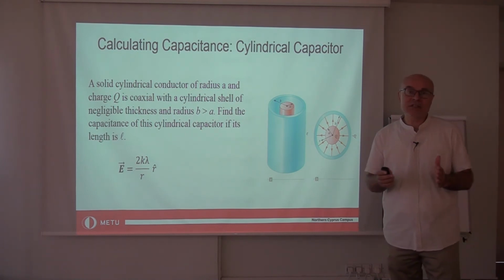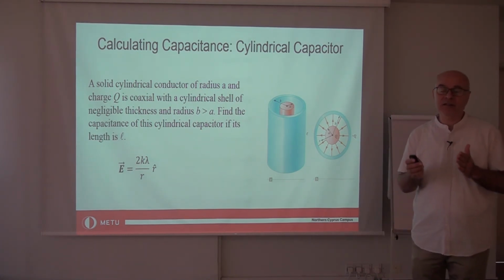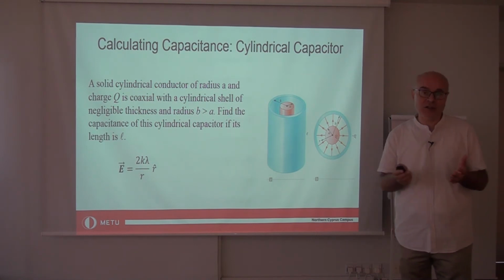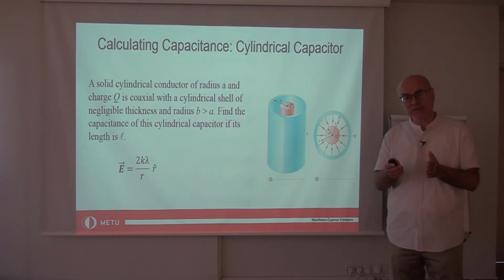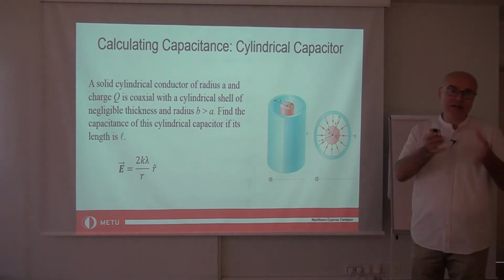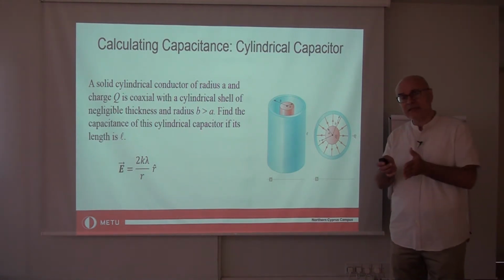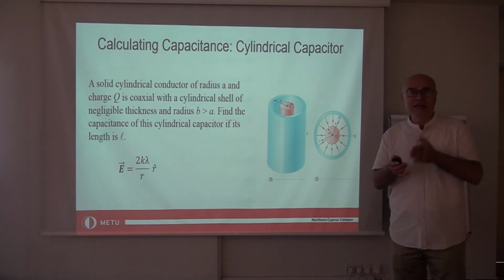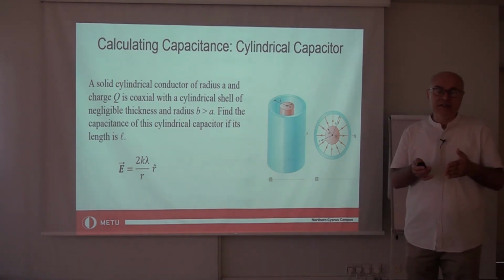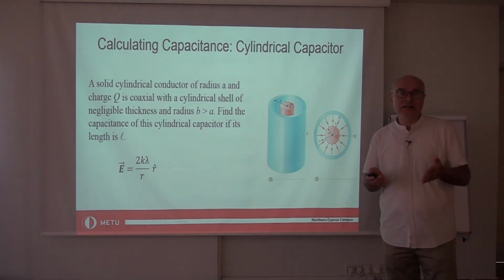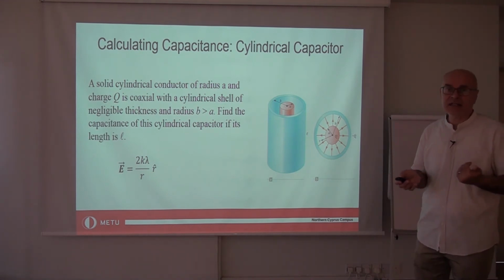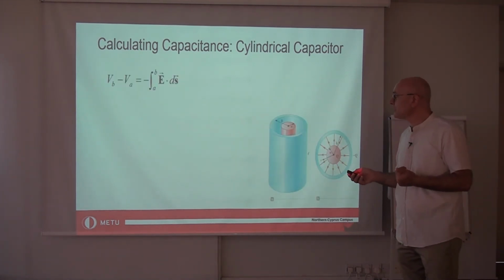We mentioned when we discussed the electric potential that one way of doing it, when you know the electric field using Gauss's law, for example, is to integrate the electric field between two points and find the potential difference. And this is exactly what we are going to do in this case.